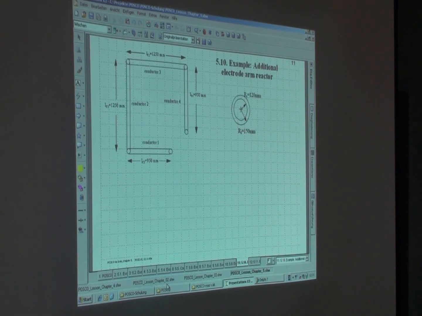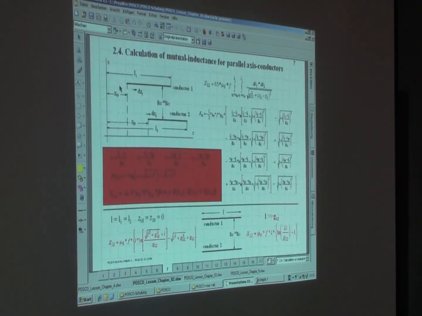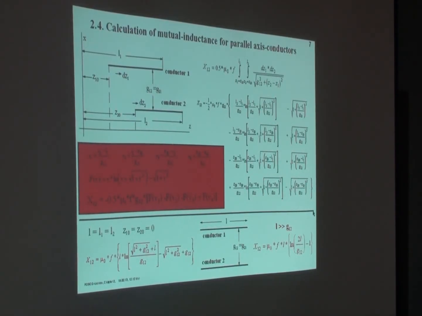I think it's in chapter 2. So we have to use this here. And we have G13 is here named G12. How big is it? Yes, okay, this one.